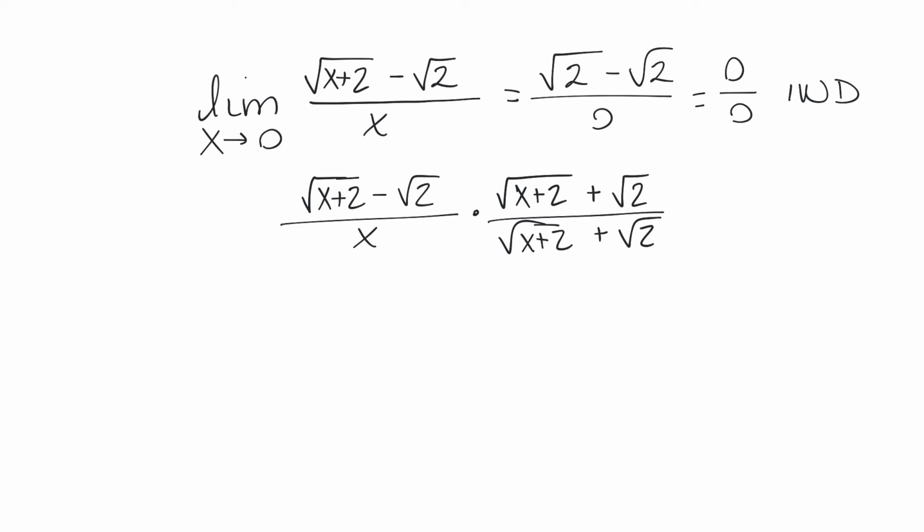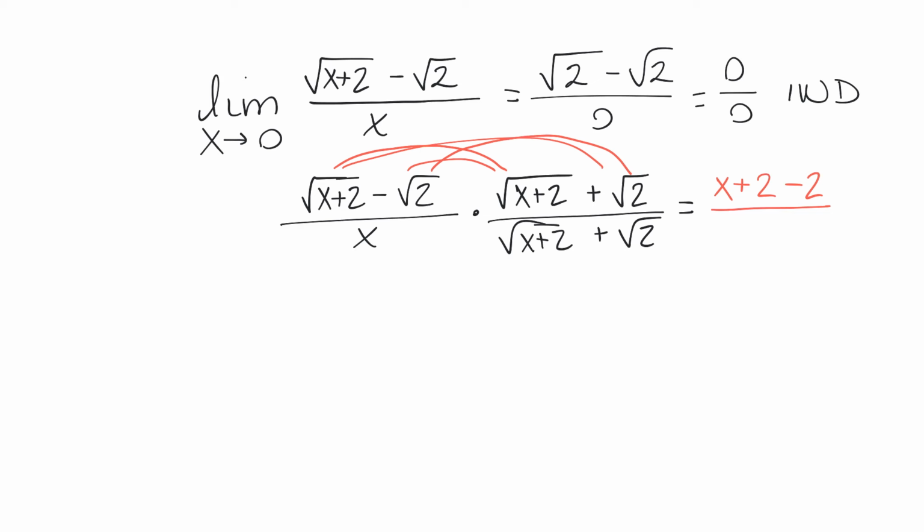Now let's multiply this, and let's be smart about this. Root x plus 2 times root x plus 2 gives us x plus 2. If we multiply the outside and the inside, we know that'll cancel. And so let's do our last ones. Negative root 2 times root 2 is going to be negative 2.